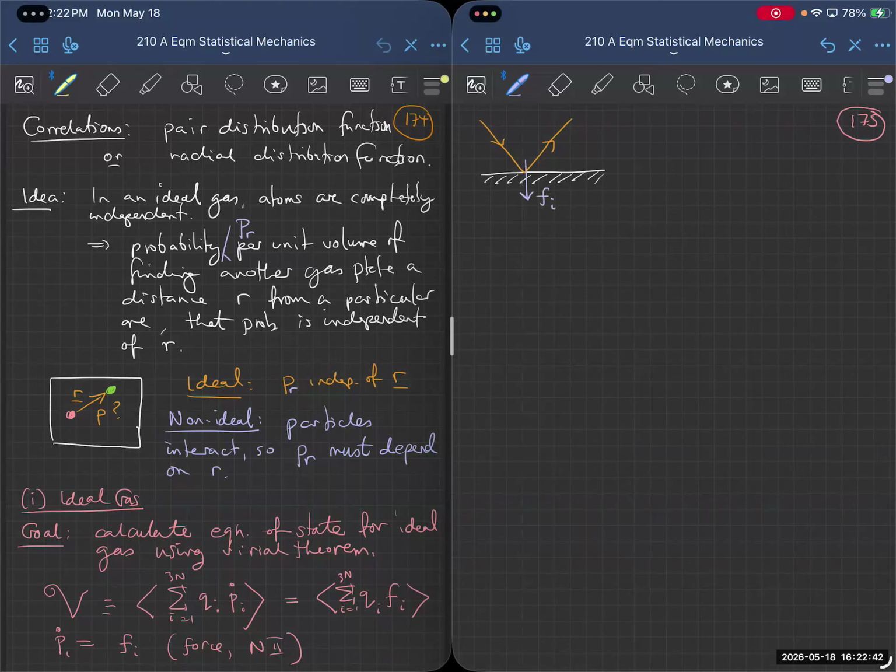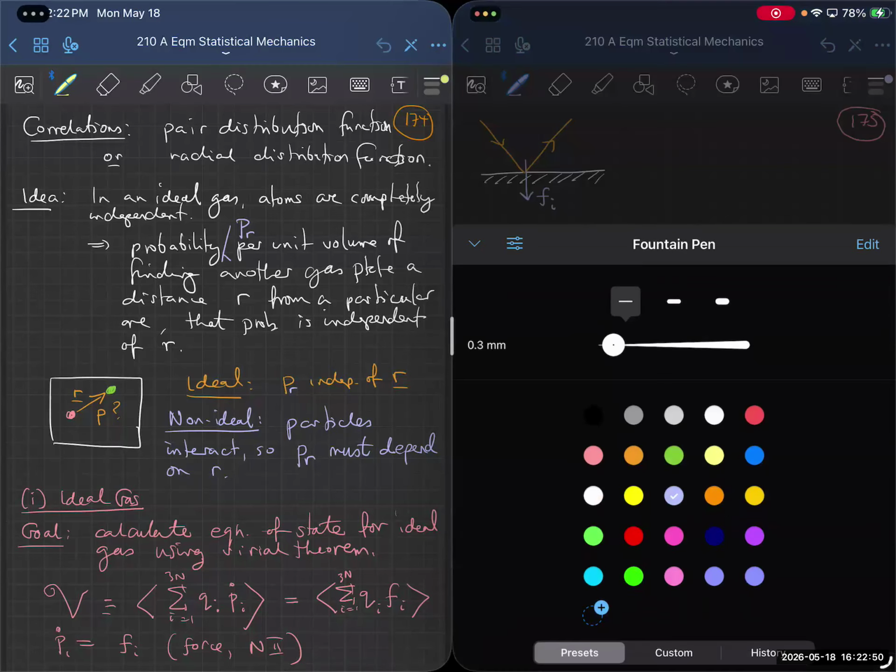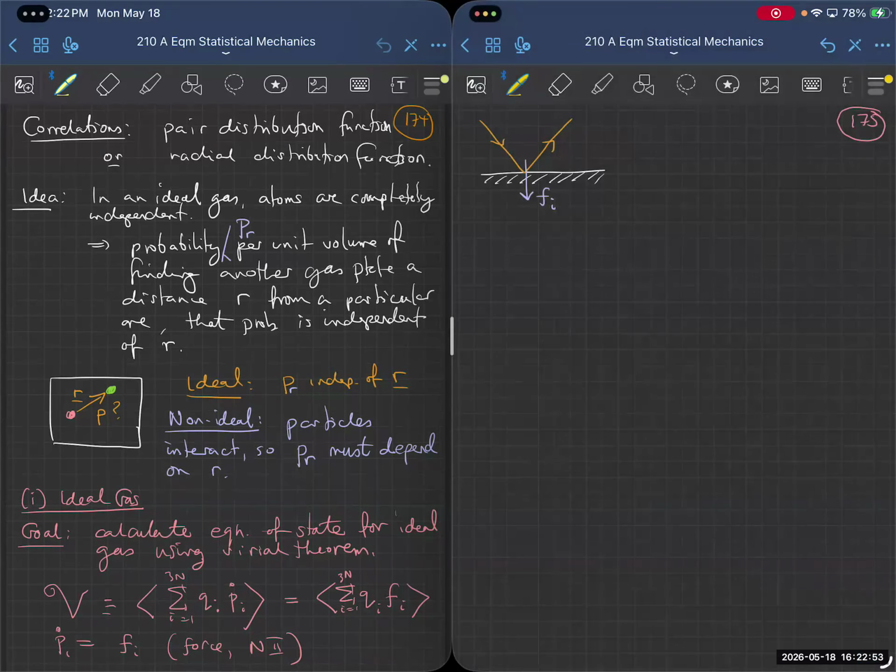The particle is coming in with some momentum and then leaving with some momentum. If I want to compute the pressure, the pressure is force per unit area. So I'm going to be looking at a unit of surface area that looks like this. So this is an element of surface area on the wall of the container.